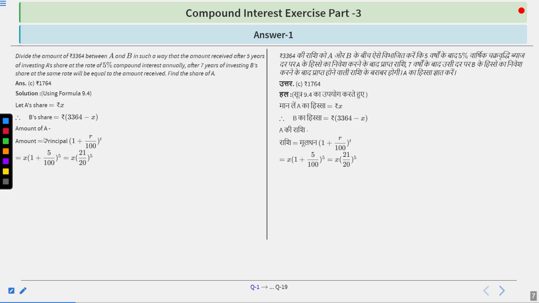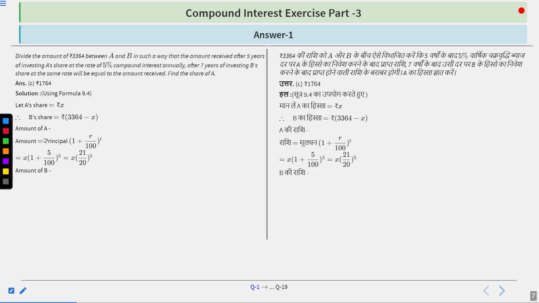So x into (1 plus 5 upon 100) raised to power 5, where principal is x, rate of interest is 5, and time is 5. That becomes equal to x into (21 upon 20) raised to power 5, because 1 plus 5 upon 100 is 105 upon 100, and after simplifying by 5 we get 21 upon 20.